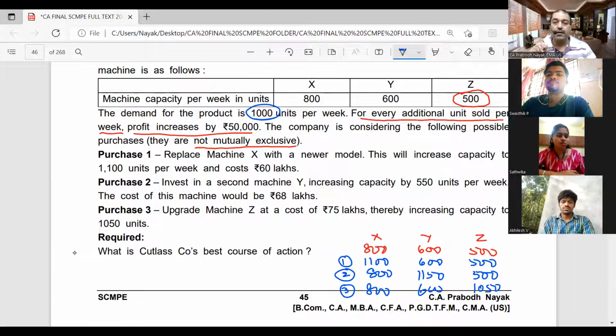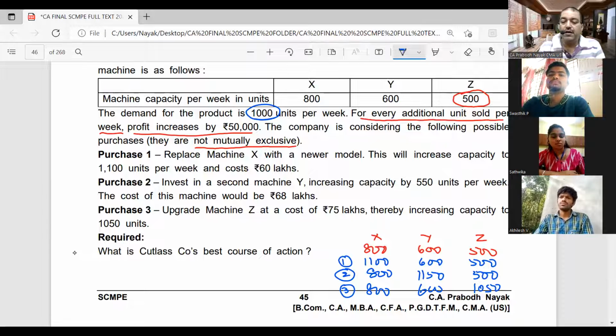The problem is not solved again because now the bottleneck will become machine Y. Again, I will have a bottleneck, and that will be machine Y, which will be restricting my production to 600 units. I want 1000 units. Problem is not solved because I'm not getting 1000 units, either with option 1 or with option 2 or with option 3.